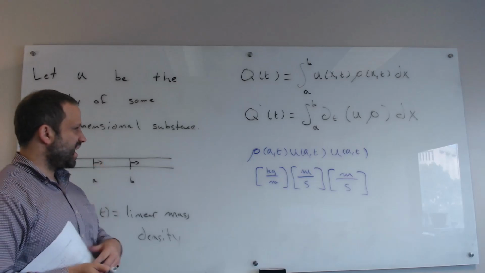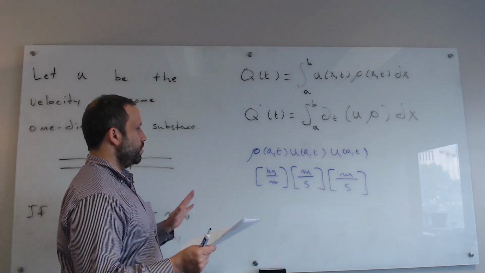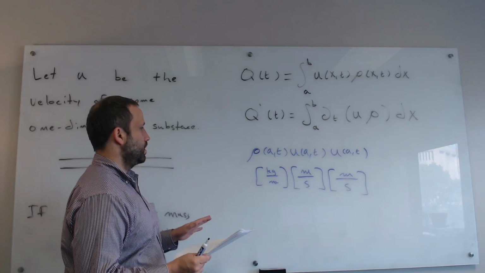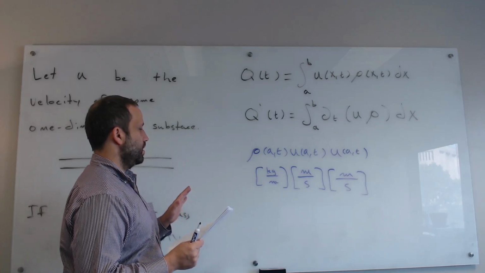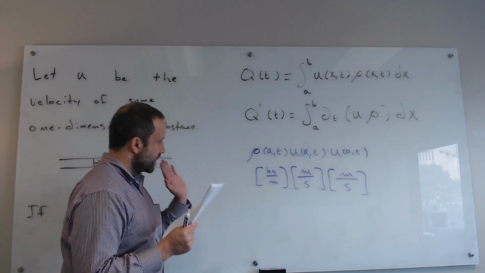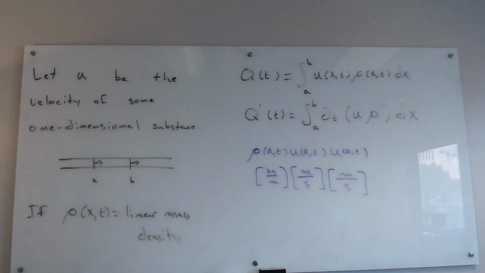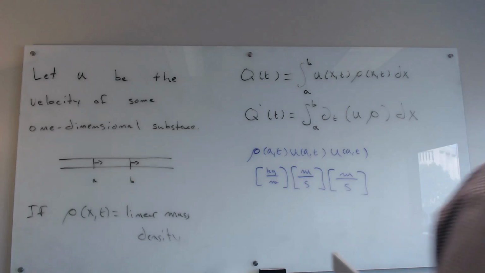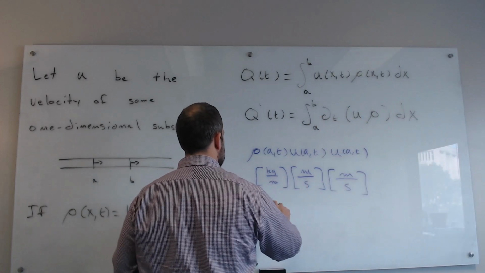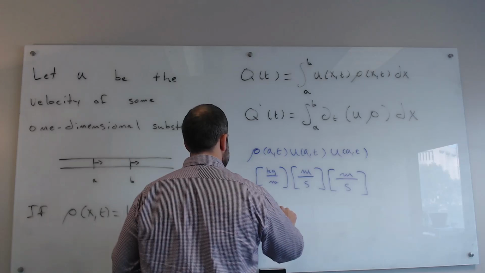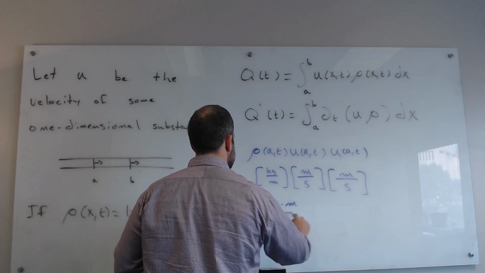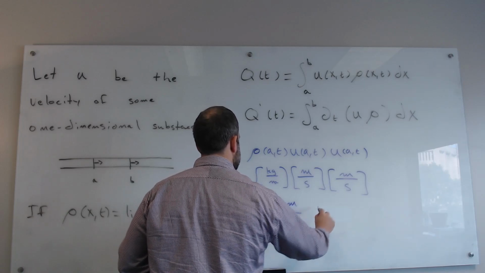And what we get here when we do all of the cancellation of the units, okay, so these meters are going to cancel. We're going to get kilograms times meters per second.